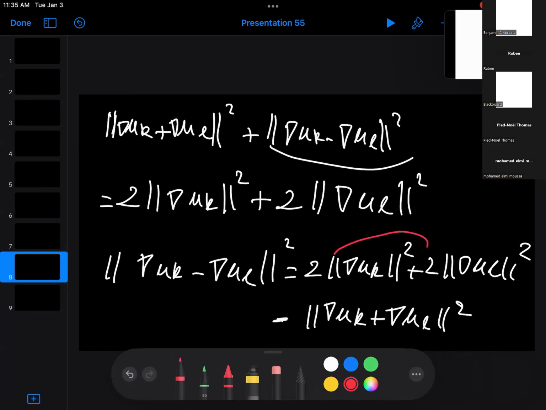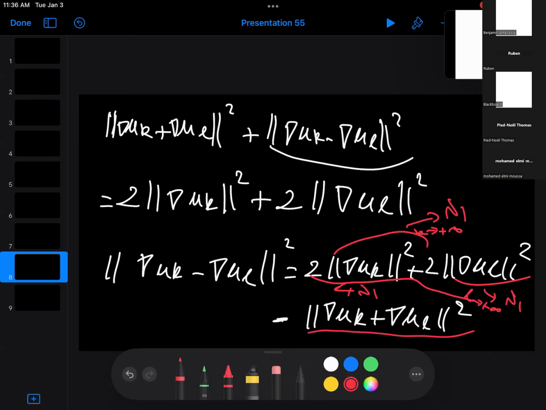This is the definition of my lambda 1. So this is converging to lambda 1. And this is converging also toward lambda 1. All right, so when K and L are large enough, this will be close to 4 lambda 1. What about this term?